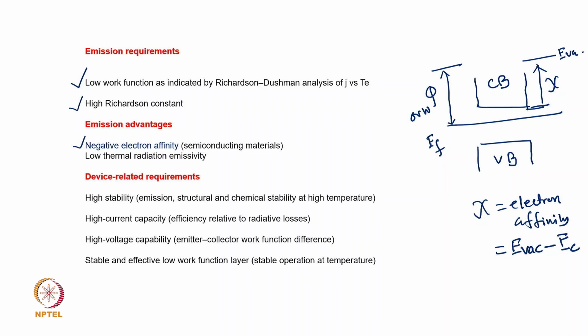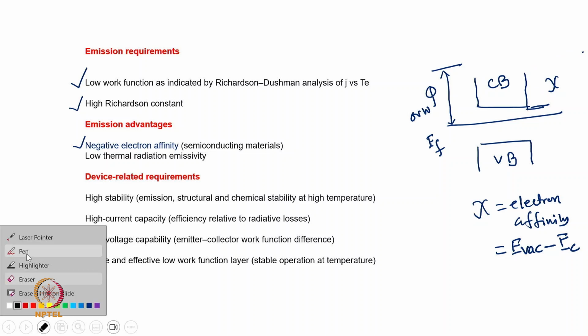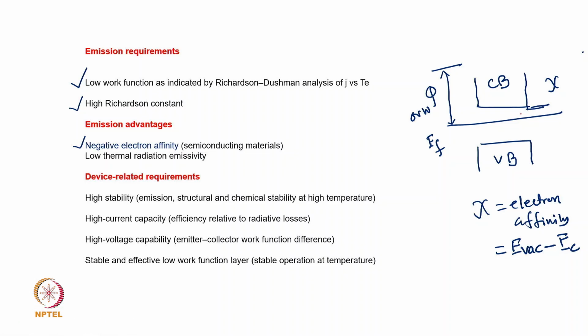So, what do we mean by a negative electron affinity surface? It means that if this vacuum level is somewhere here, the phi or work function is still positive, but I can have a negative electron affinity.